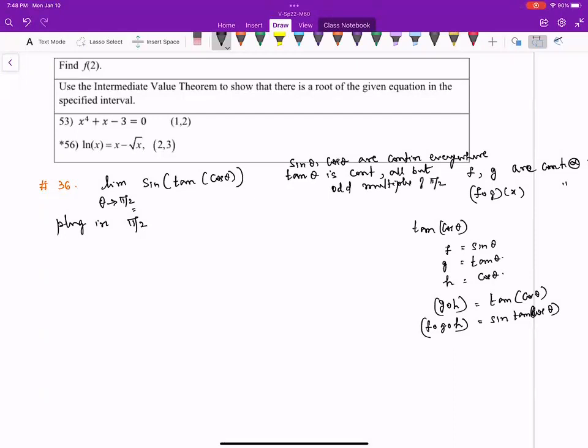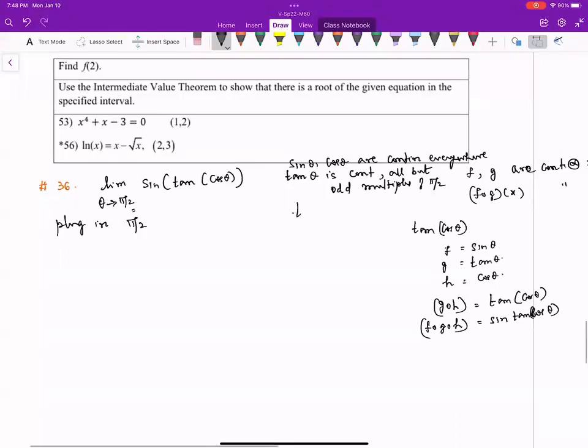It is discontinuous at pi by 2, discontinuous at negative pi by 2, because tan is made up of sine over cosine. So whichever makes the denominator, the cosine function, 0, it will be discontinuous there. But tan is continuous at 0. Tan theta is continuous at theta equal to 0.